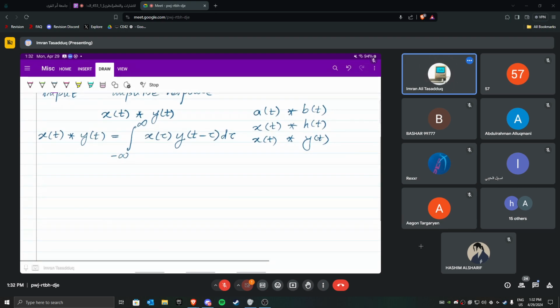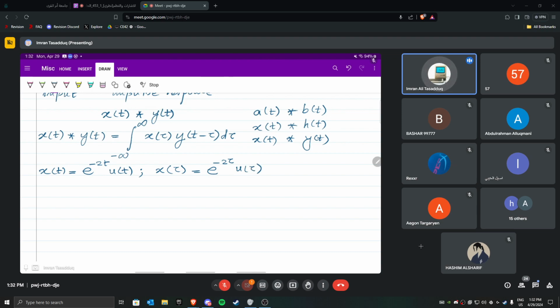Then we substitute the value. We know x of t is e to the power minus 2t u of t. The formula wants x of tau, so I change all the t's to tau: e to the power minus 2 tau u of tau.